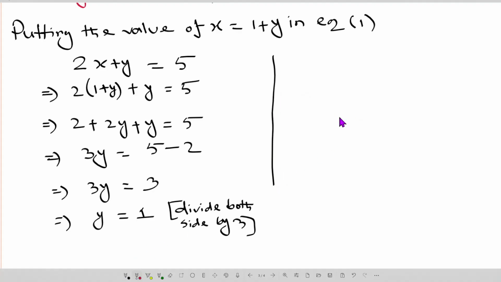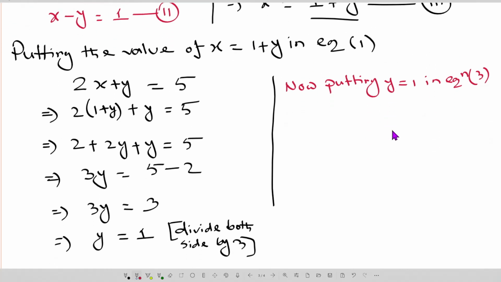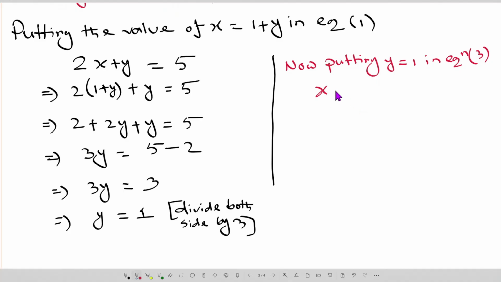Now putting y equals 1 in equation 3. So x equals 1 plus y.